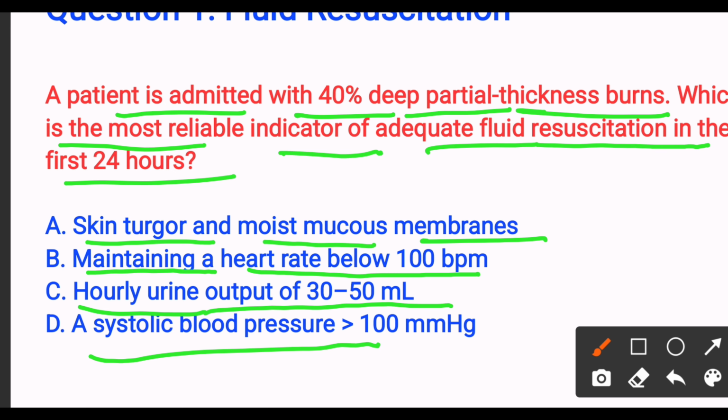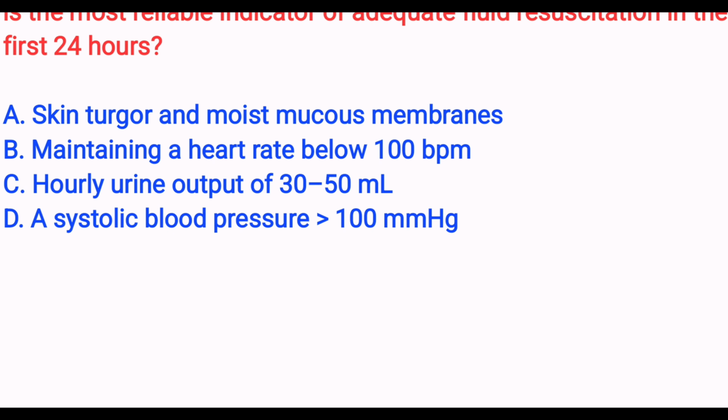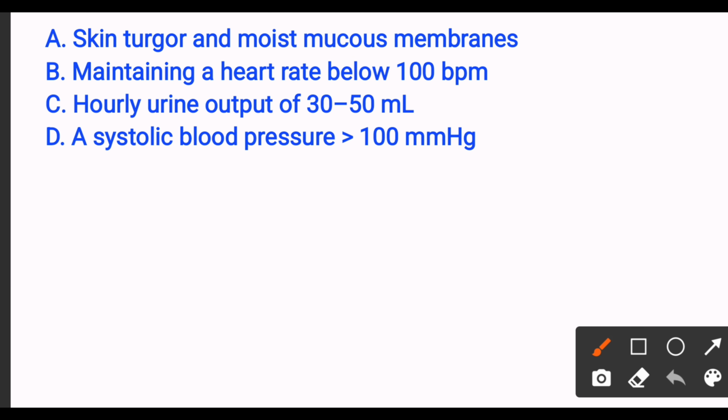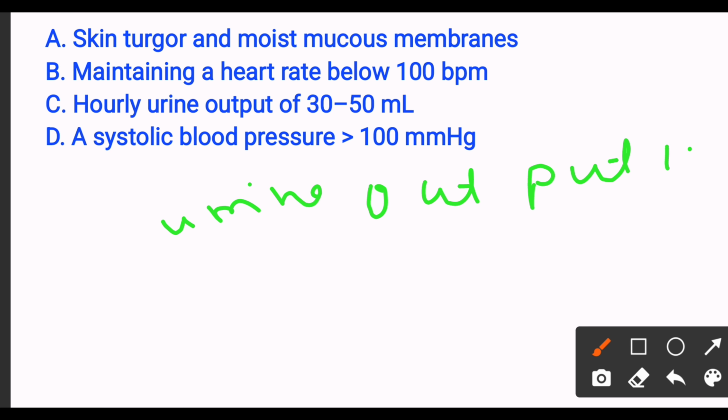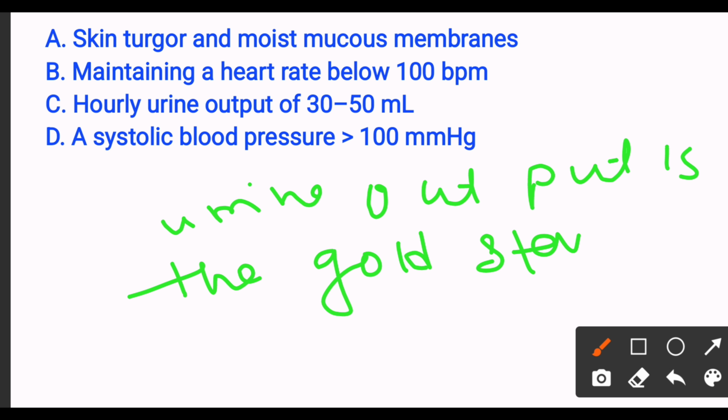The answer will be option C, hourly urine output, because in burn management urine output is the gold standard for monitoring organ perfusion.